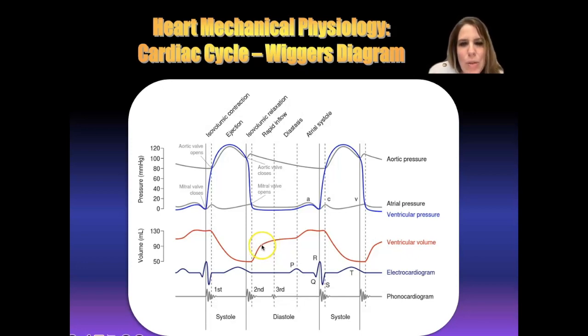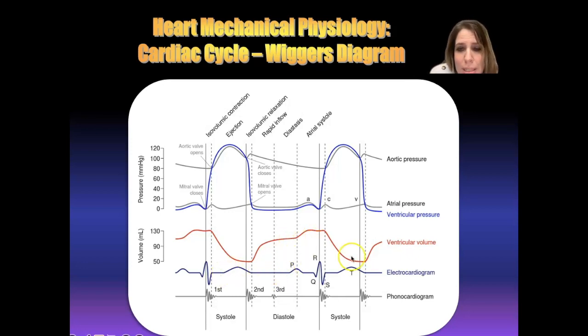And so that's our rapid inflow. And so the graph is going to increase rapidly right there. This is our ventricular volume with this red line. It's going to continue going up until it reaches its maximum right at atrial systole, right? So right when the atria are going to actually eject the remaining amount of blood into the ventricles.